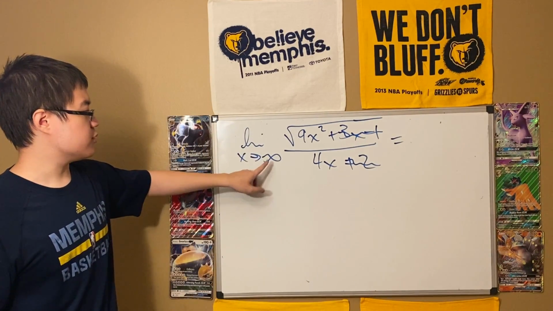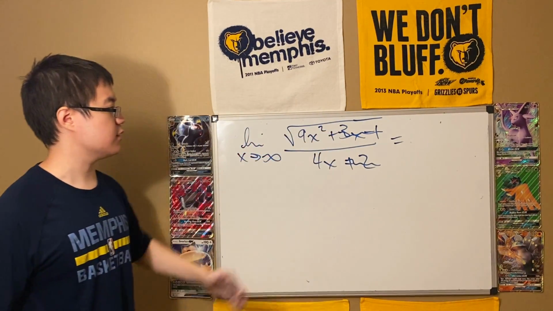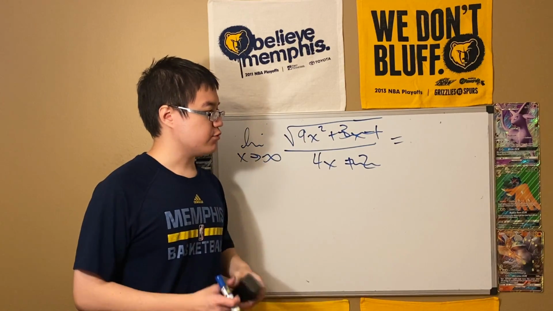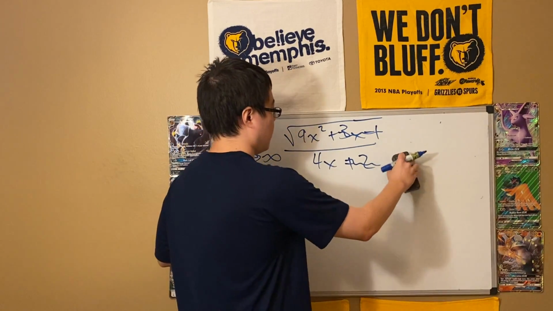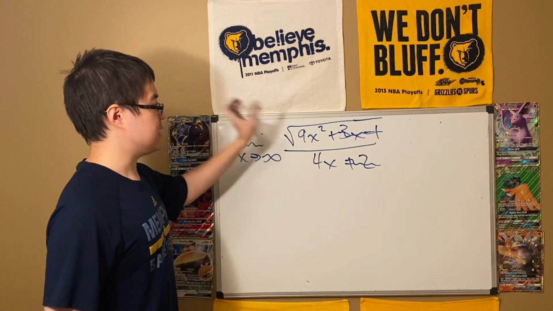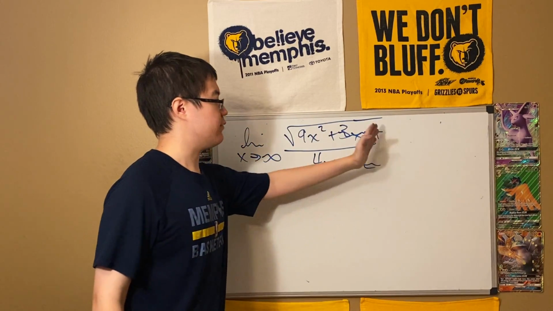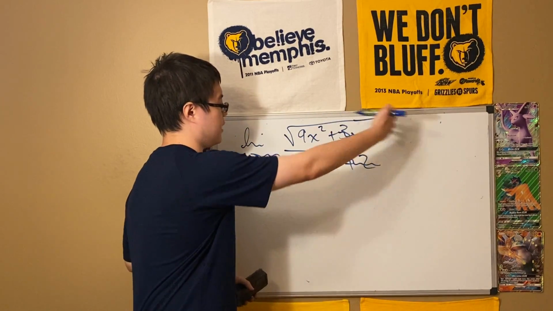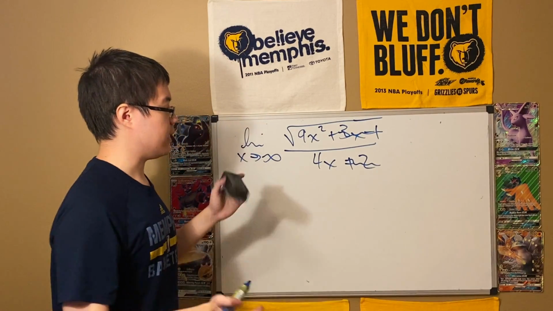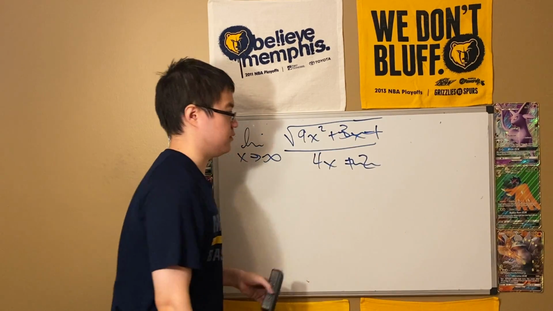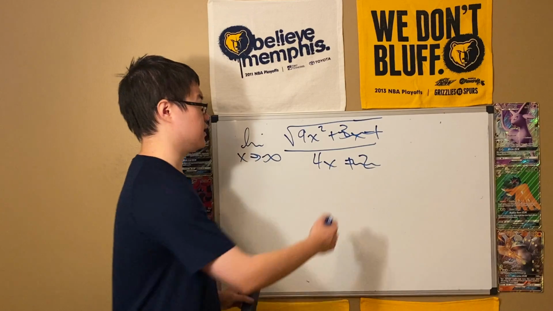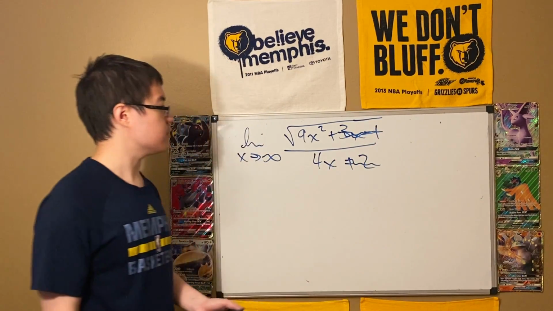Then I'm going to see what the square root of 9x squared is very similar to, because now we can just examine the square root of 9x squared since we got rid of the 3x plus 1. It doesn't really matter because we can ignore it, since it's not the leading exponent.